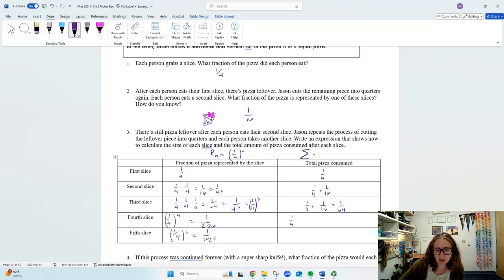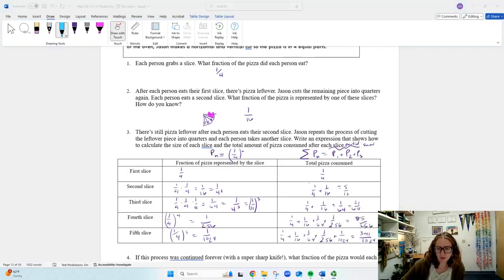So this is actually my partial sums. So I'm adding together P1 plus P2 plus P3, and these are my partial sums. A way that I can represent that is my first term in the sequence plus my second term in the sequence, and that would give me my partial sum of the first two terms in the sequence.